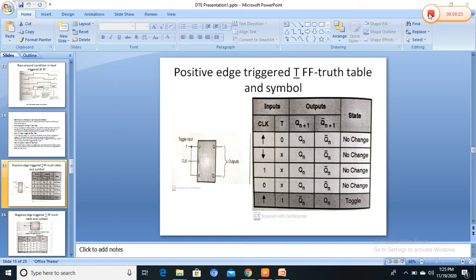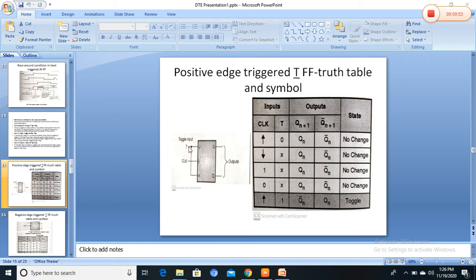This is basically a JK flip-flop where the J and K inputs are permanently connected together, and we get one input as T. In a D flip-flop, S and R are combined and we get the D input. In this T flip-flop, the toggle flip-flop, J and K are combined as shown in the logic diagram, and we get the T input, the toggle input.